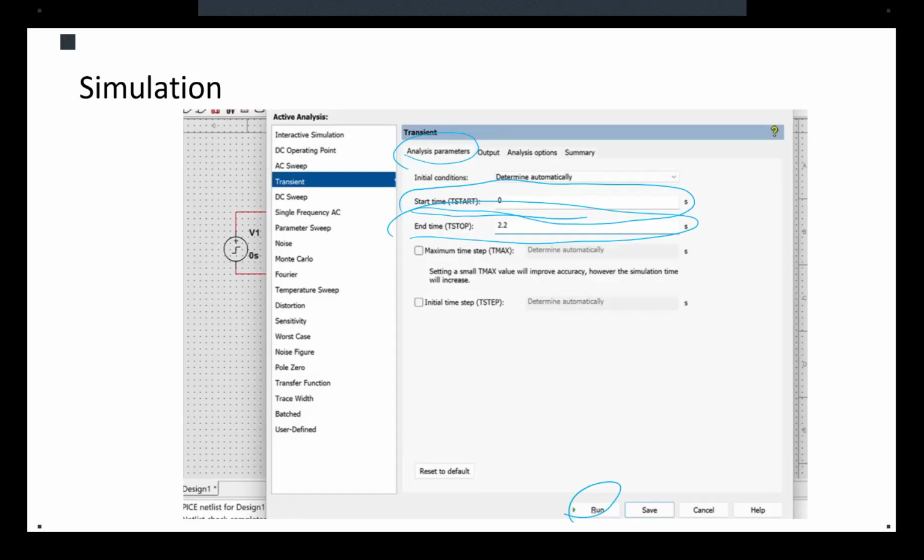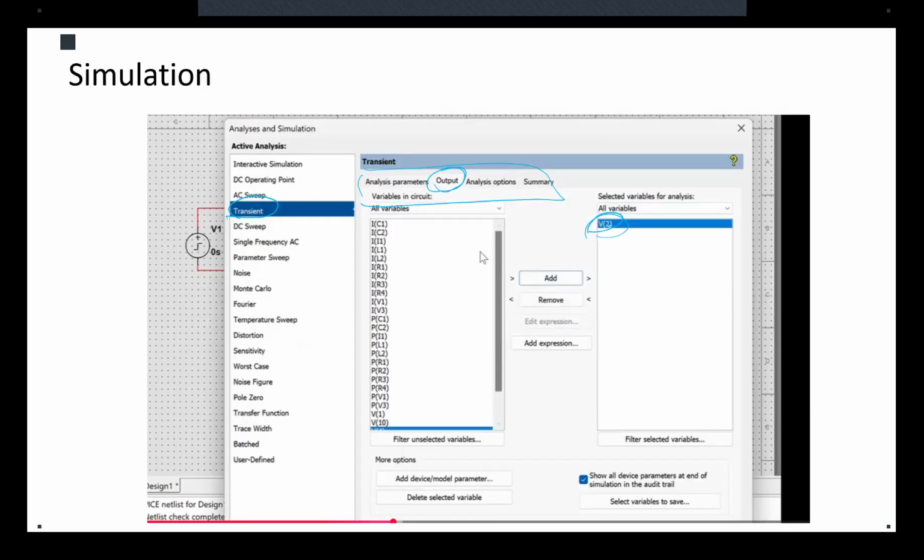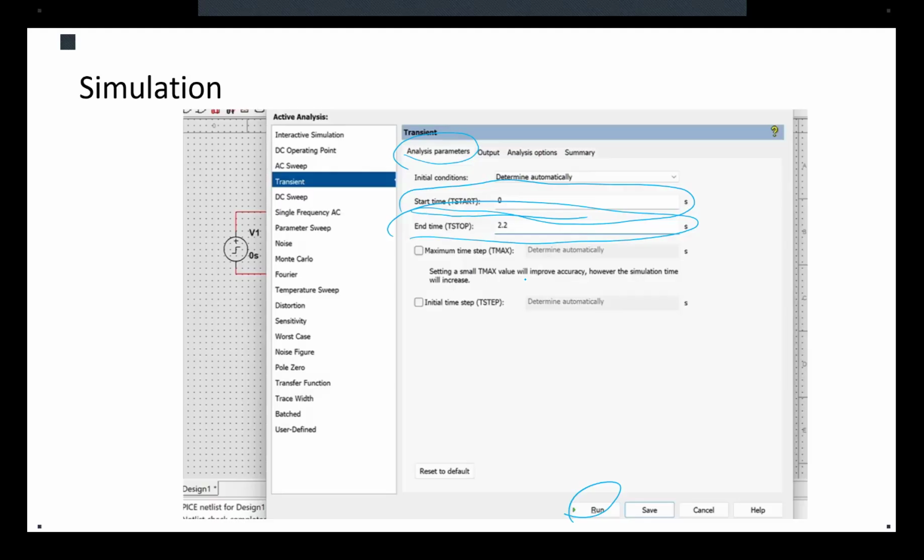Are we good? All the systems are the same. You just need to change the output. So here you remove what exists for the next circuit and add the new output that you want to see. That way you can run your simulation, and it will give you the waveform of that specific parameter that you chose for output.